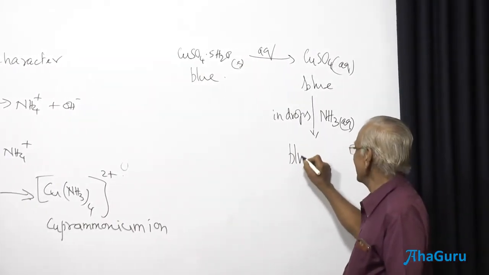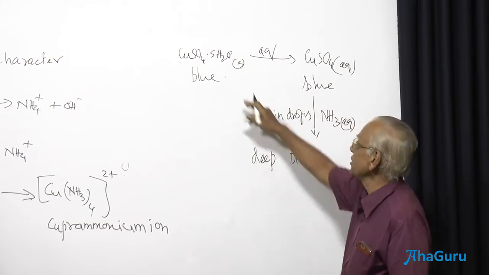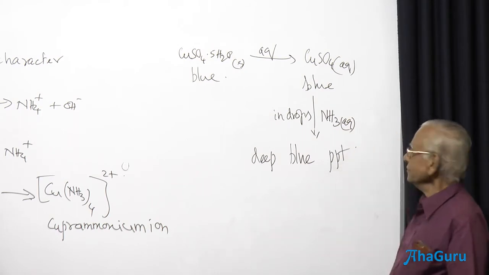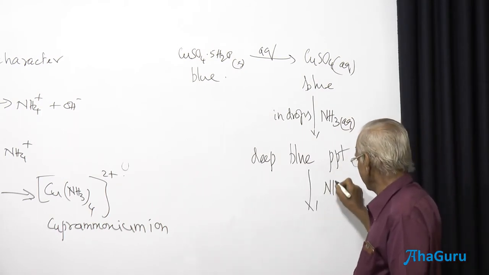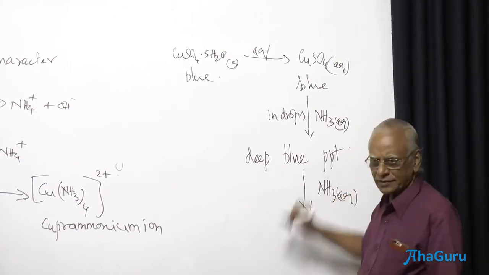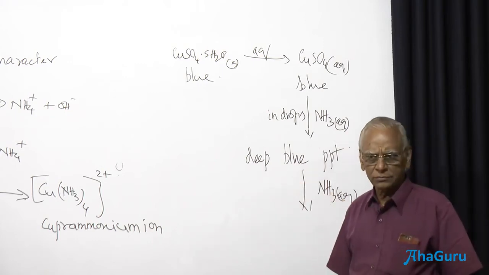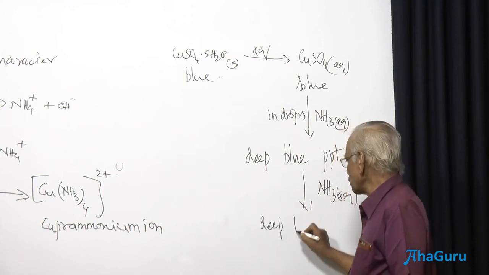First, you get a deep blue precipitate, much deeper than this color. Continue the addition of ammonia. That precipitate dissolves. You get a clear solution, a deep blue solution.